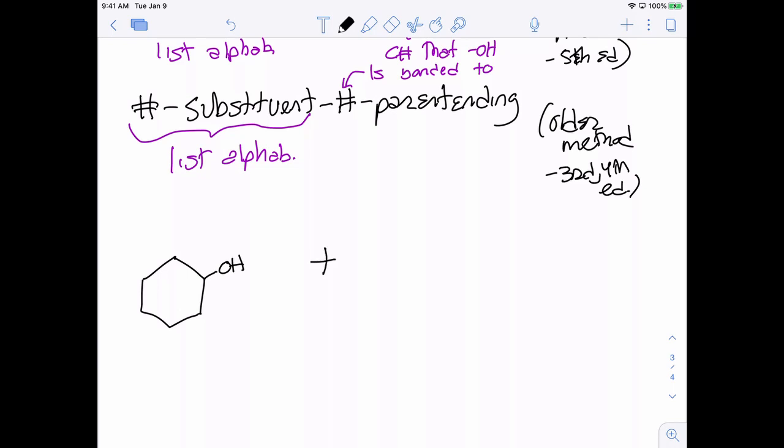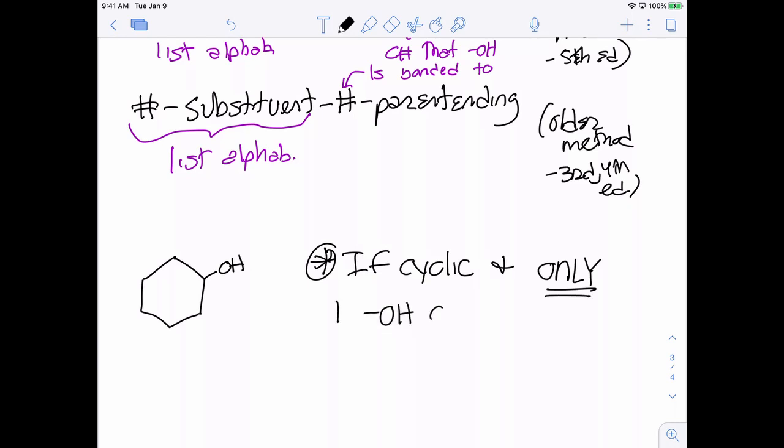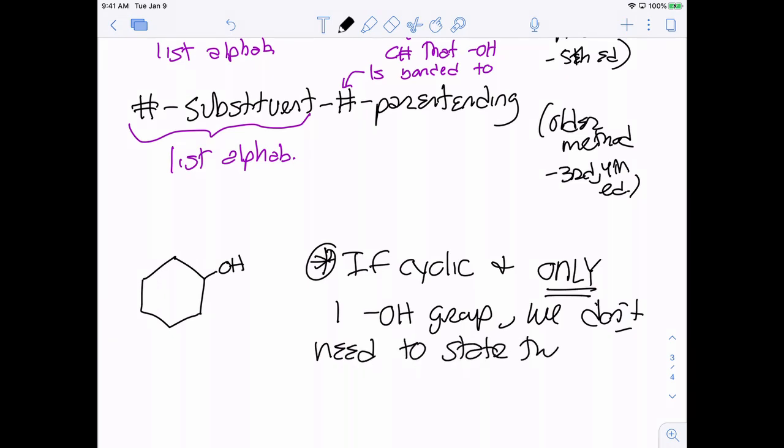So if cyclic, and only one hydroxyl group, we don't need to state the carbon number that it is bonded to.